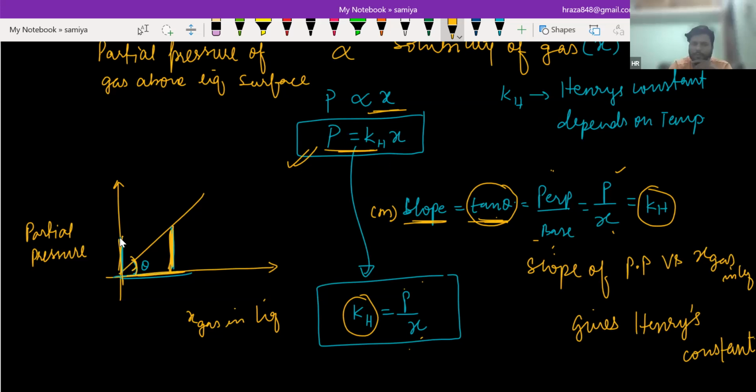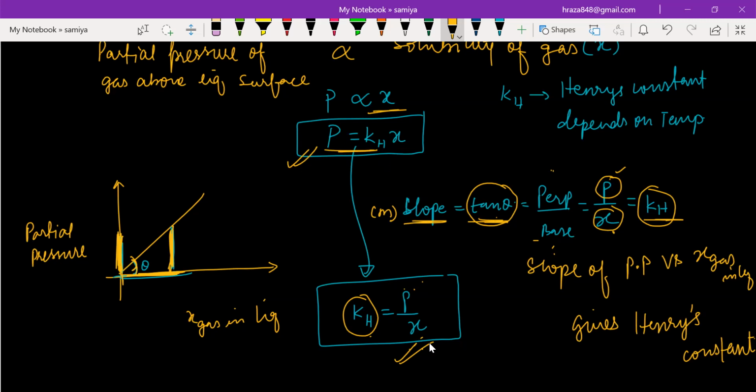So tan theta is equal to perpendicular upon base, partial pressure upon x, mole fraction. That will be equal to Kh, because Kh is equal to p by x. Samia, Rem, Madiha, got it.